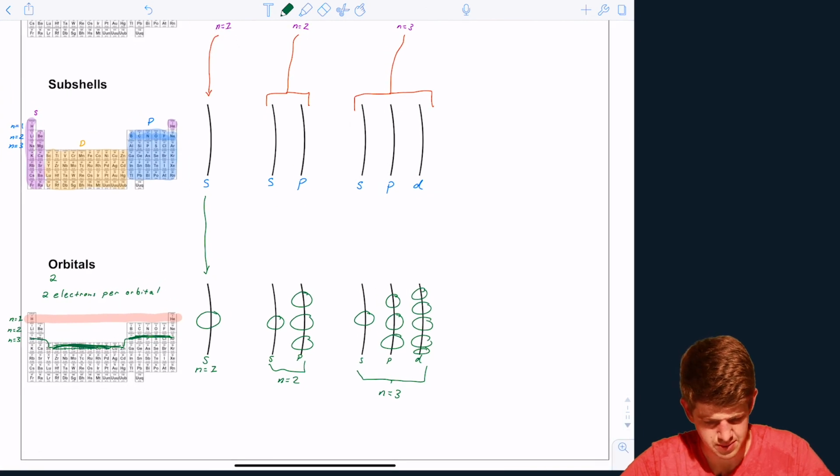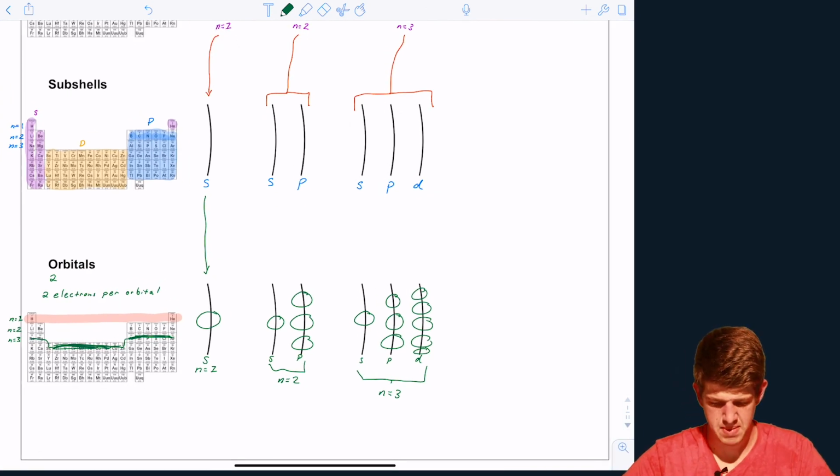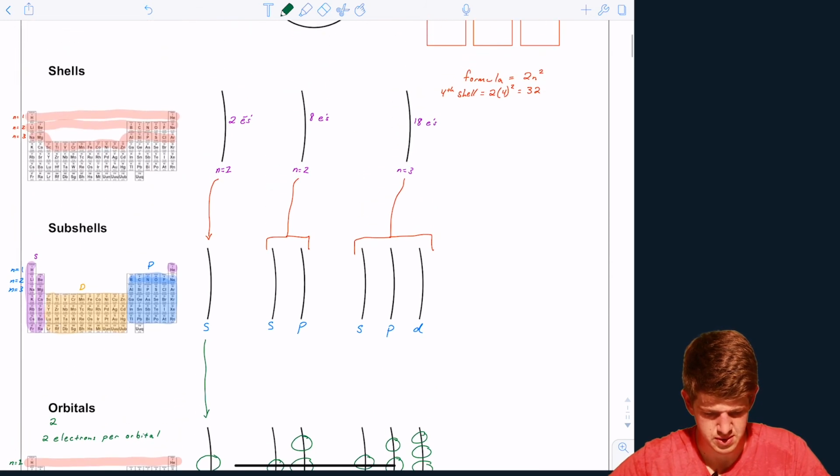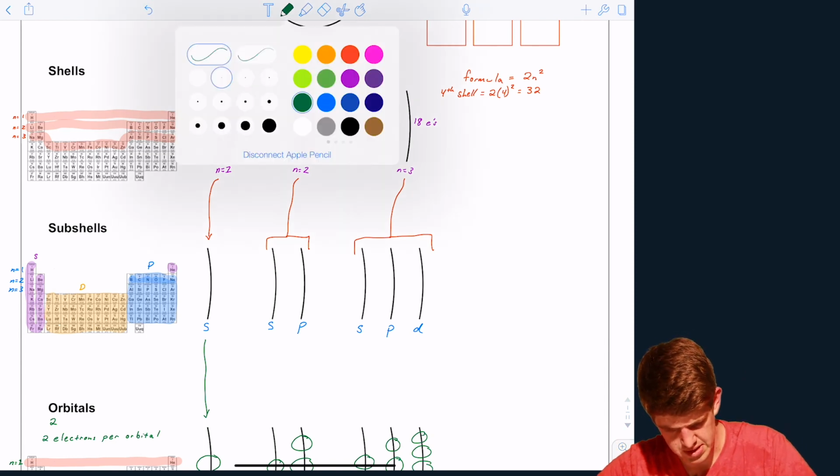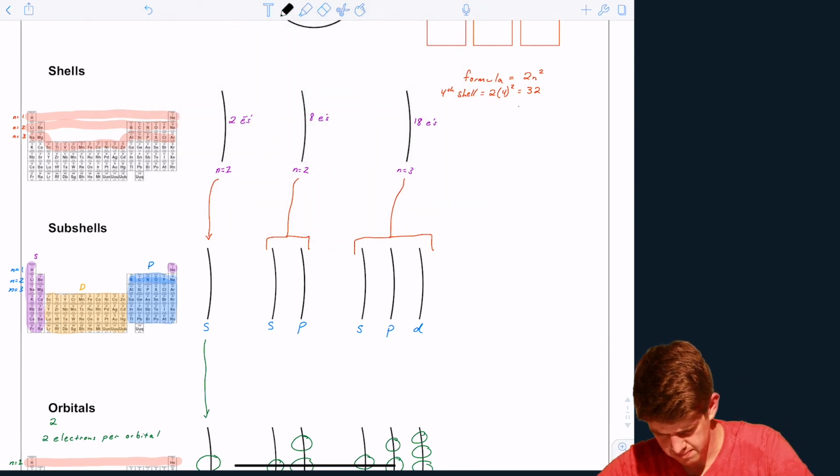The only thing we're going to do now, just to summarize all of this, is write down that information in a table for the numbers of electrons in each shell, subshell, and orbital. So we'll just do that in a solid black.